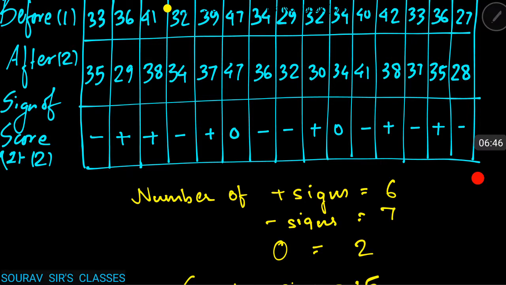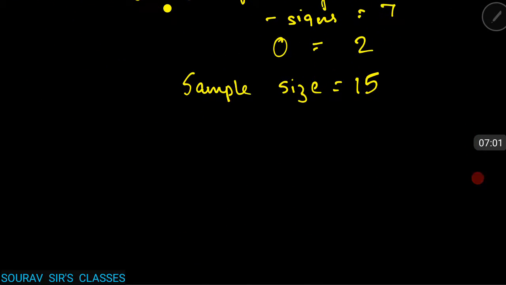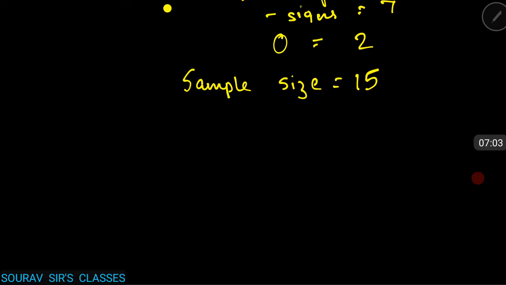If there is no difference between the two types of collections, P, that is the probability, would be 0.5, and we would expect to get equal number of plus and minus signs. We set up the hypothesis as the null hypothesis H0, which is P is equal to 0.5.